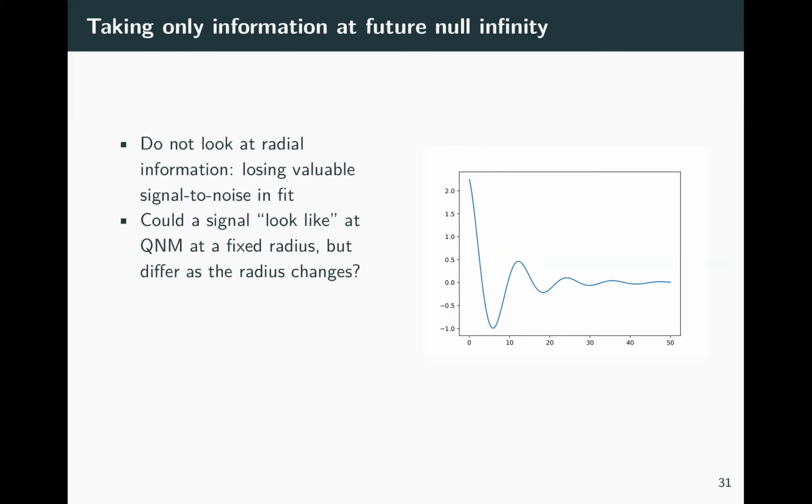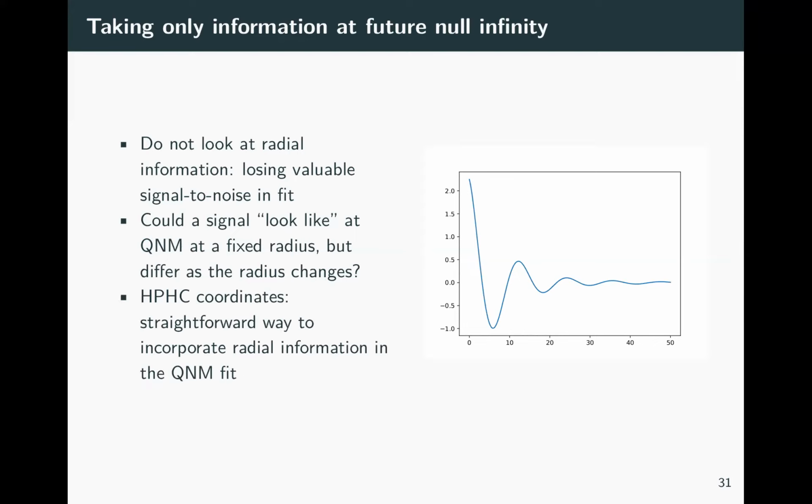In particular, you could imagine a solution where the waveform at a fixed radius, or the extrapolated waveform, looks like a QNM. But if you had access to the radial information, you would see it's actually something else masquerading as a QNM, or a superposition of QNMs, over some finite time interval. So if you looked at the radial information, it might actually help break degeneracies in your fit.